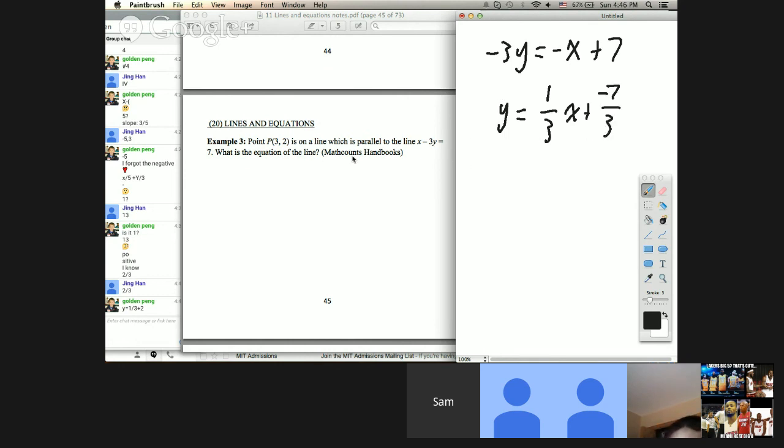So all you really need is, it says it's parallel to this line, so all you really need is the slope. The slope is going to be the same. So now you have y equals 1/3 x plus b. And then you're trying to find b, and it gives you the point (3, 2). So plug in the point and solve for b, and it should give you the equation of the parallel line.